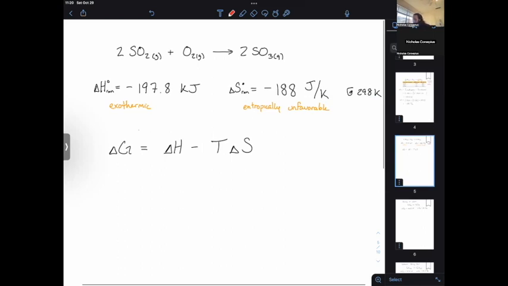The one thing I'm going to caution about these calculations is that your entropy values are always tabulated in joules per Kelvin, whereas the enthalpy values are calculated in kilojoules. In order to combine these in this equation, we're going to have to marry the two. So what we're going to do is convert our entropy into kilojoules per Kelvin by dividing by 1,000.